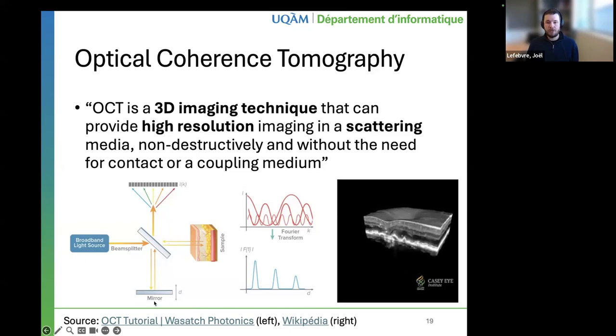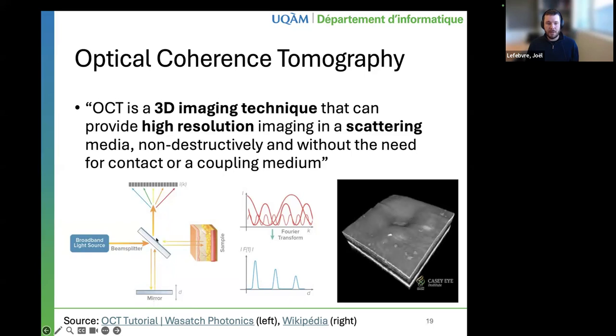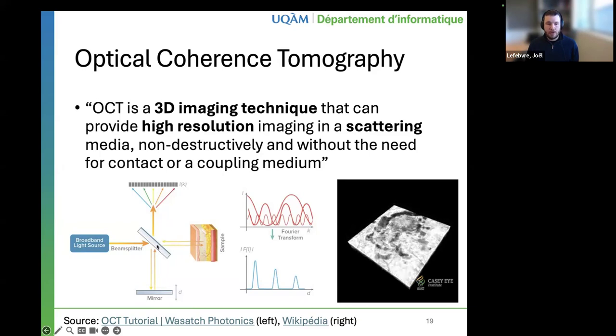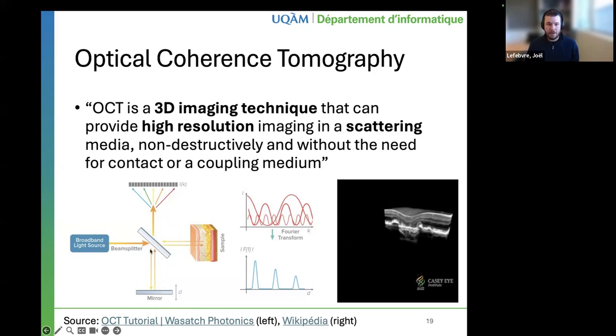One part of the light goes to a reference mirror at a fixed distance from the beam splitter, and the other part goes to the sample. The light that goes to the sample will be reflected by the different surfaces inside the sample. Once it comes back, it will interfere with the light that comes back from the mirror, and we measure this interference with a spectrometer.